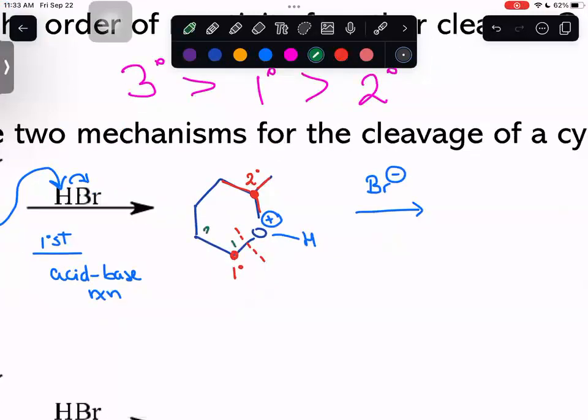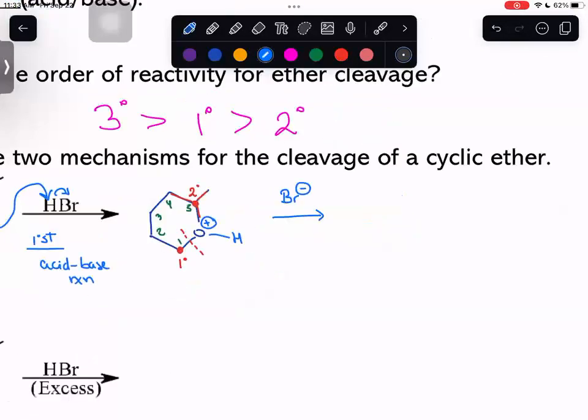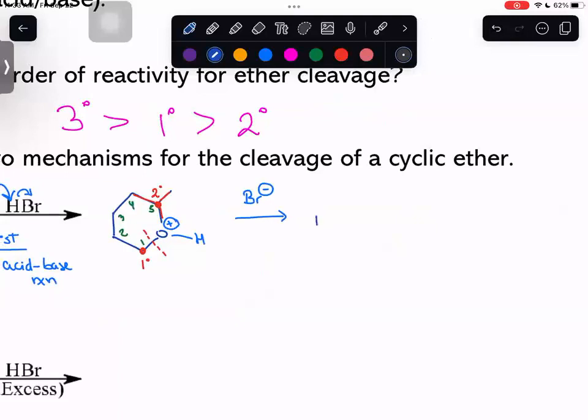Let's say this is 1, 2, 3, 4, and 5, and let's start drawing it out. We have a carbocation in carbon 1, and I have that OH.